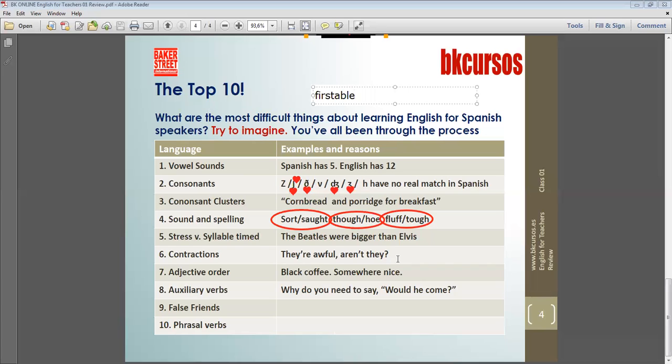But what's happening with our global English, with our Globish now and Spanglish? We're finding that in spoken English around the world, people are just leaving out the auxiliary verbs. So why you say this? Why you need to say this?